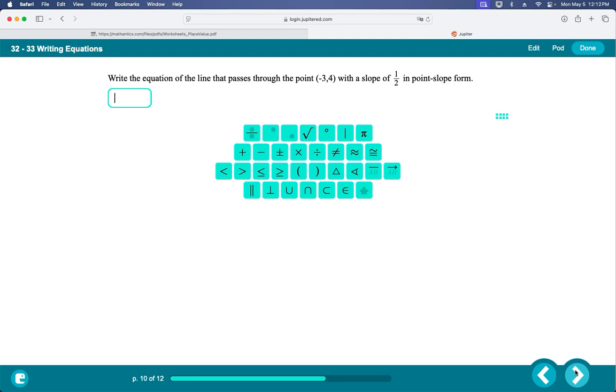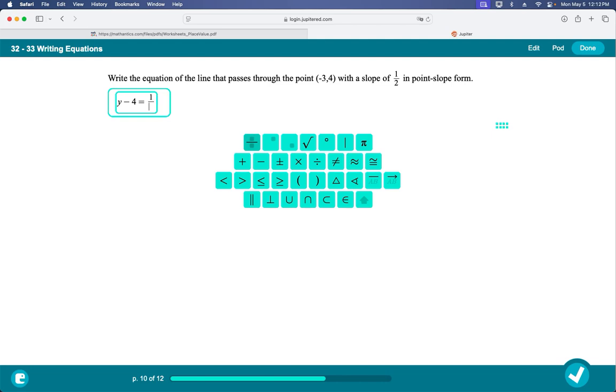So the next one, same exact process. The only thing is, you see here we have a negative x. When we get to that subtraction, that will affect it. We have a positive 4. Y minus 4 is equal to, the slope is 1/2, so we get a fraction, 1 over 2. Now we do parenthesis, x, and we have a negative 3.